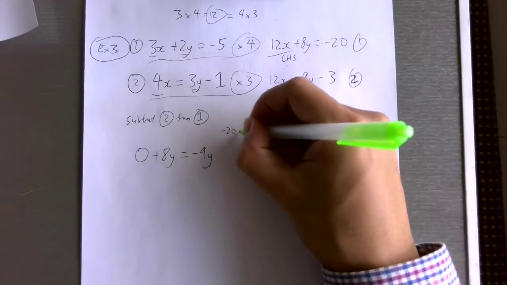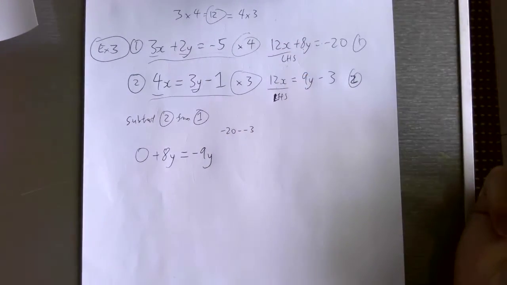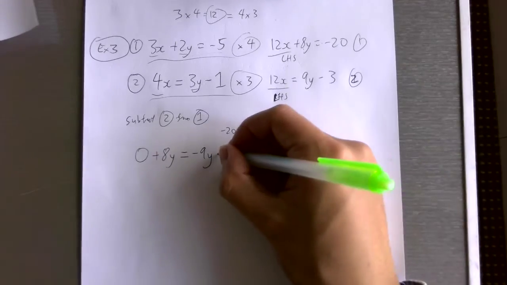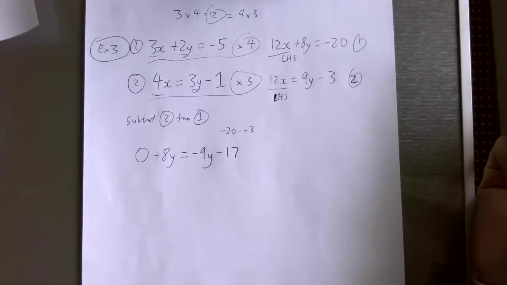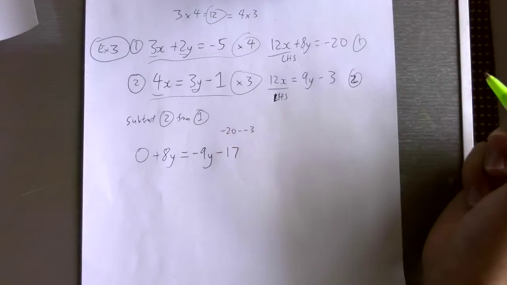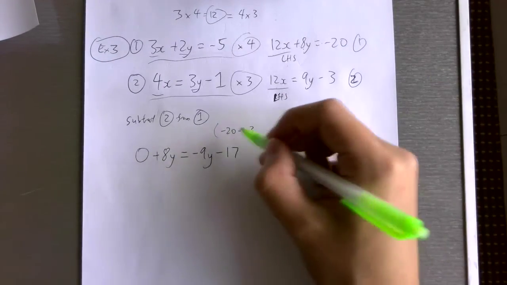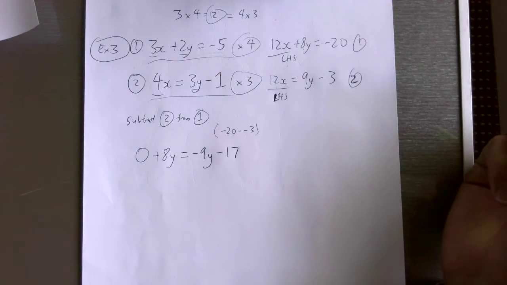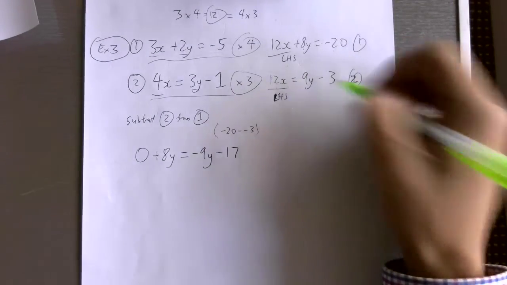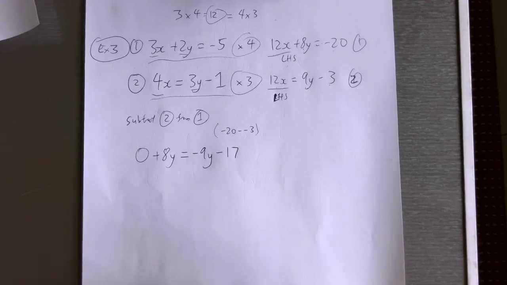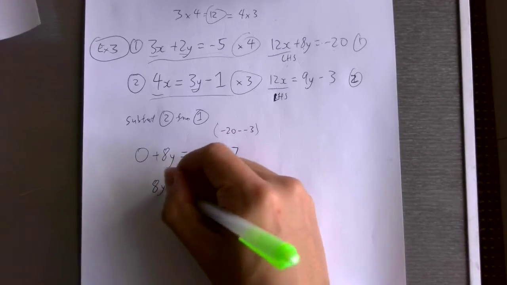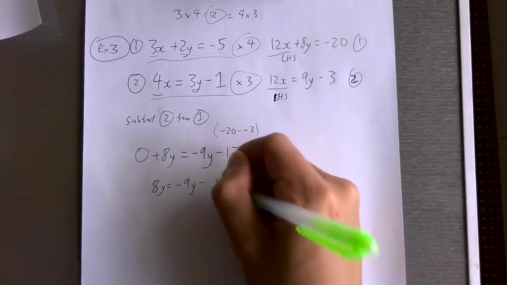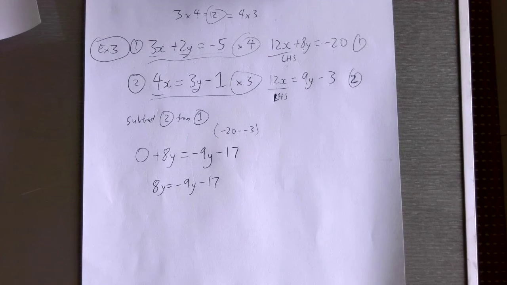Now, what I would suggest is when you type this in your calculator, you won't make any mistakes. 20 plus 3 gives us minus 17. Okay, it's really tempting to write minus 23, but type that in your calculator, because we're doing this minus that. Now, what we've got now is just, let's make that look a bit nicer, 8y minus 9y equals negative 17.